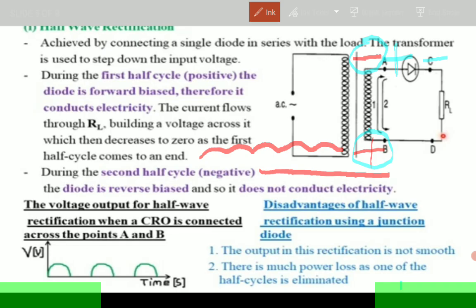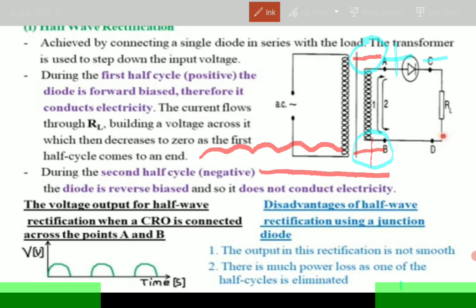One of the uses of a capacitor is to smoothen a rectified current, because the alternating current, once rectified, does not flow in a perfectly straight line. It forms ripples. Those ripples are removed by the action of an additional device, a capacitor. That's disadvantage number one of this method.